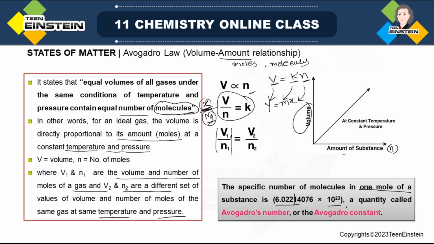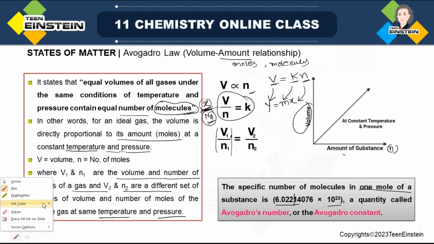So we have finished Charles' law, which is the temperature-volume relationship. We have seen the graphical representation. After that, Gay-Lussac's law, which is the pressure-temperature relationship. And this is the third one of today's class, which is Avogadro's law. So in total 4 laws we have seen.